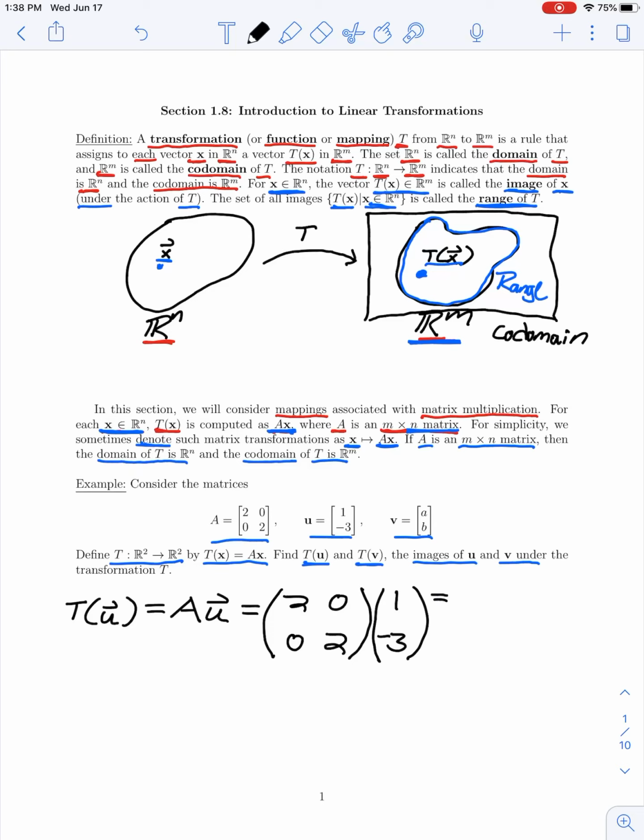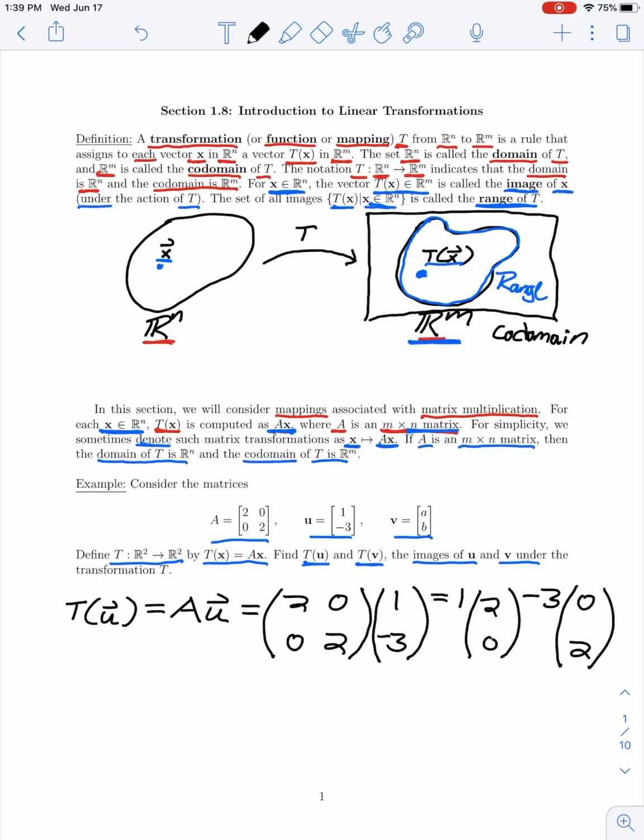Recall the definition of a matrix times a vector: we take the first component of our vector as the weight of the first column vector of our matrix. So we have 1 times 2, 0, plus the second component of our vector x, or in this case u, which was negative 3, times the second column vector of our matrix, which was 0, 2.